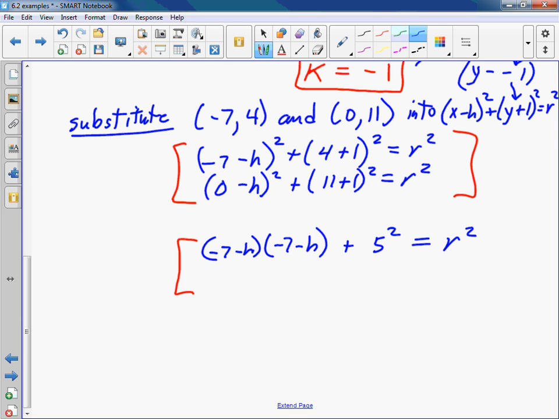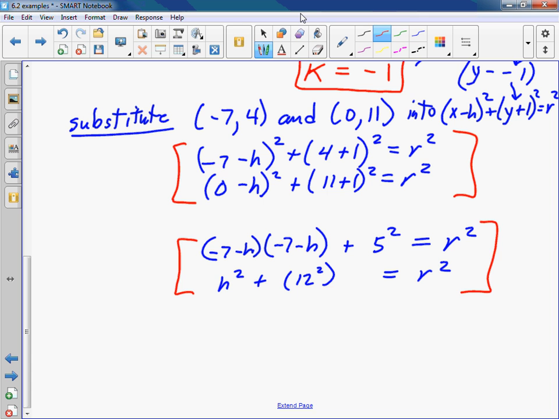And then down here, 0 minus h squared, you know that one, that's just h squared, plus 11 plus 1, 12 squared, right? 12 squared equals r squared, okay? So far, so good.